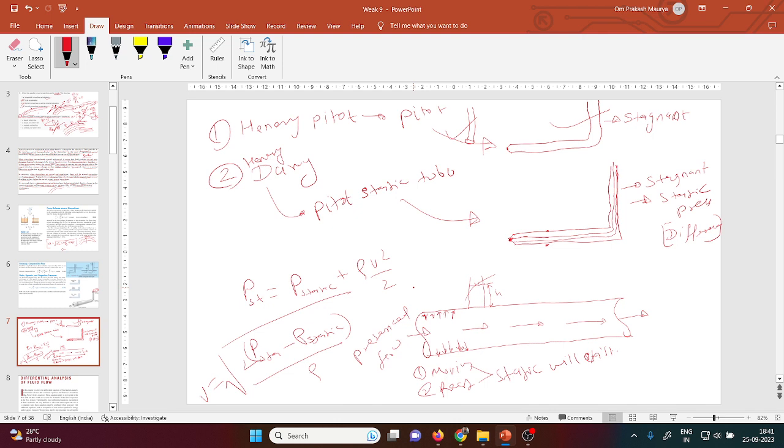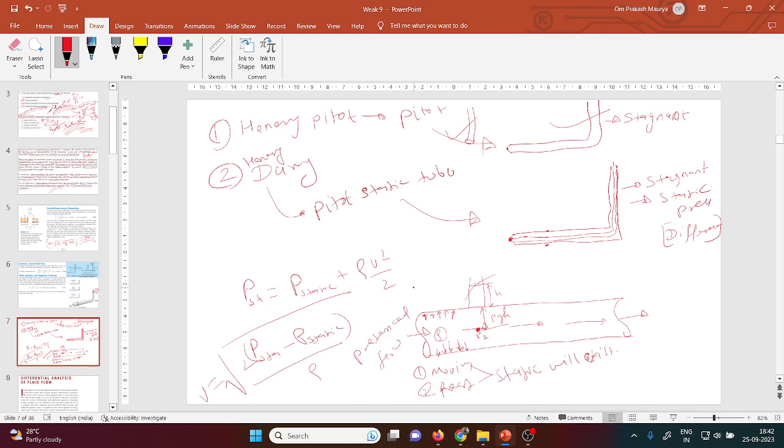If you want to calculate the static pressure at that location, you know the hydrostatic concept: the fluid density is rho, so use rho g h.